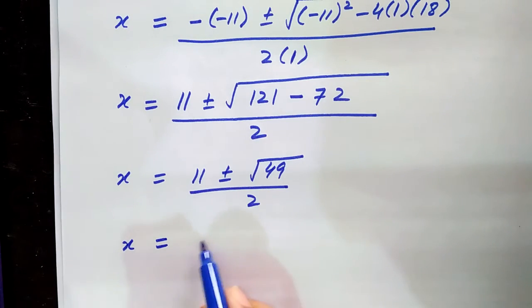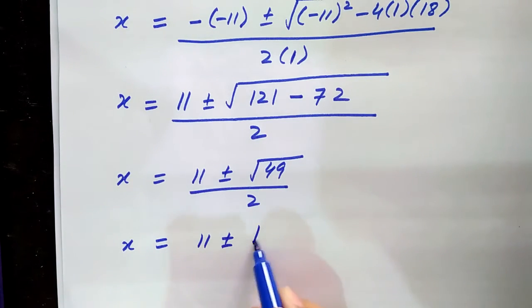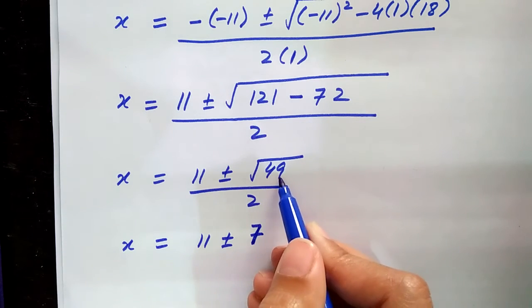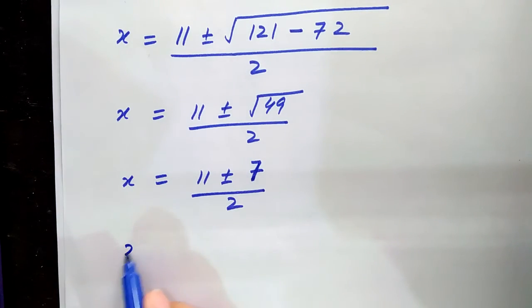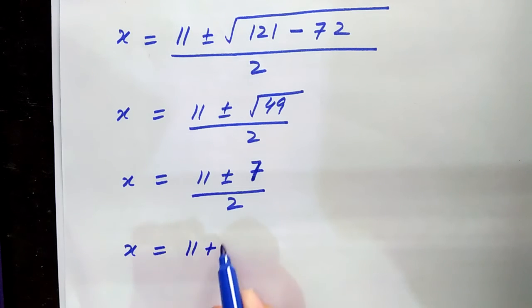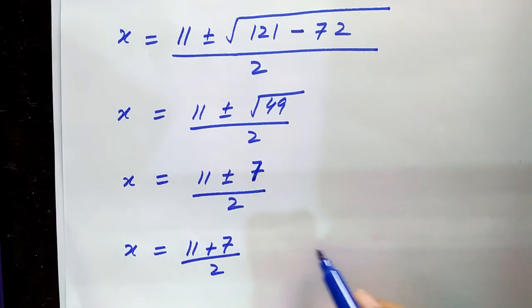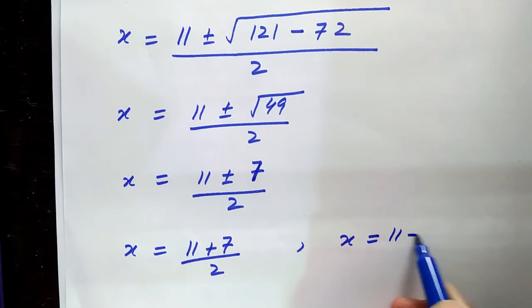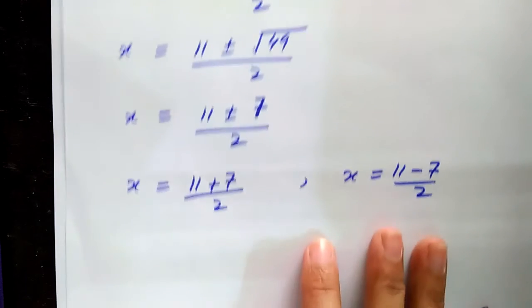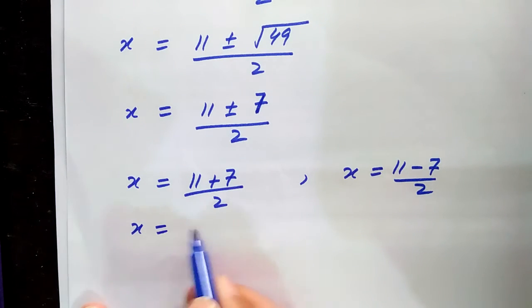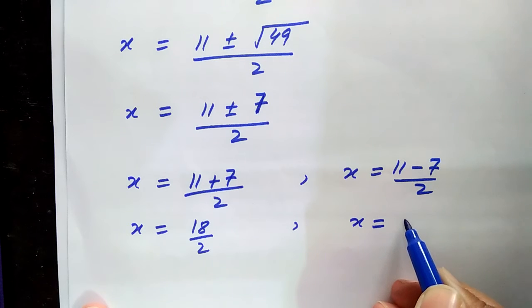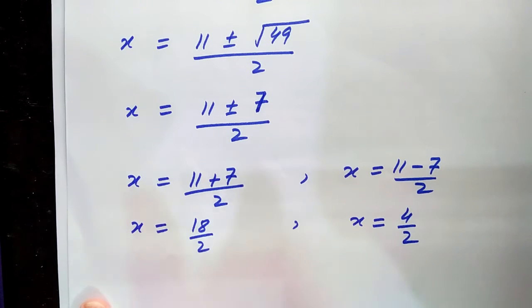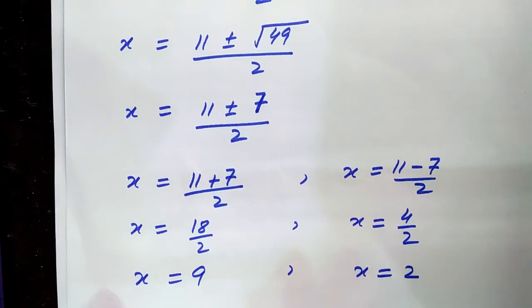So x equals 11 plus minus 7 over 2, since 49 is a perfect square, so we get 7 over here. Now we got two values for x. One is for 11 plus 7 over 2 and the other one is for 11 minus 7 over 2. So x equals 18 over 2 and x equals 4 over 2. So we get x equals 9 and x equals 2.